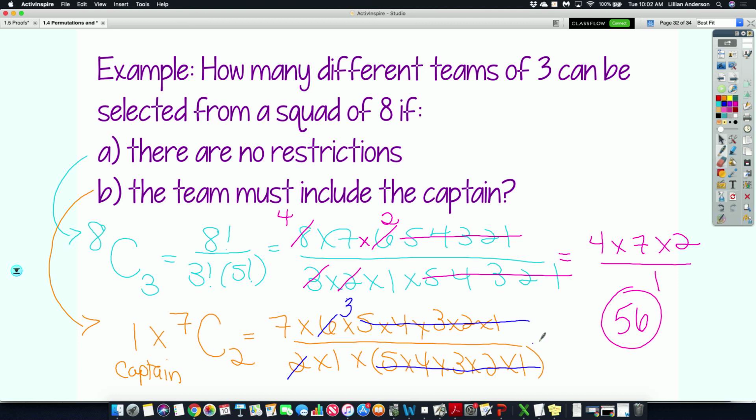So I am left with 7 times 3, which is just 21. Once you decide who that one captain is going to be, you've got 21 ways to make a team of 3. Simple enough? Be cautious. Make sure you're doing combinations when you need to, permutations when you need to.